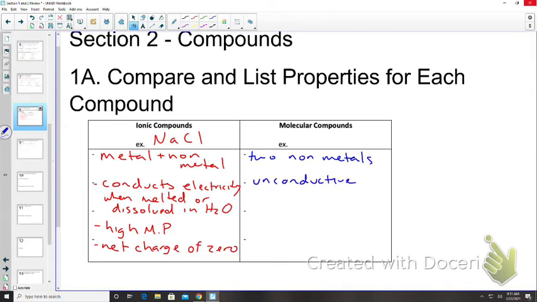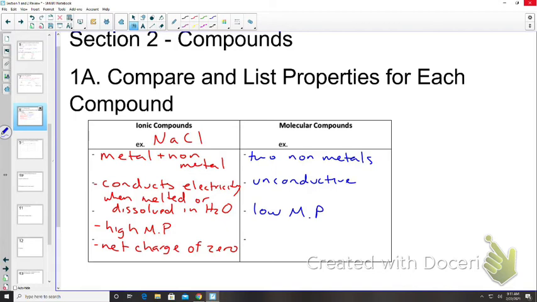Typically, there are going to be exceptions to the rule, but typically it's unconductive. Okay, it has a low melting point. And it does not necessarily need to have a net charge of 0.